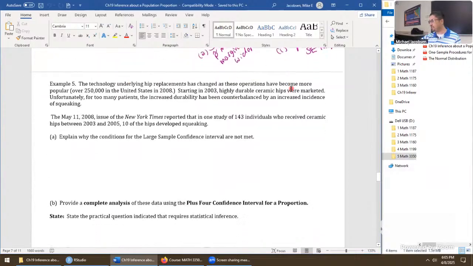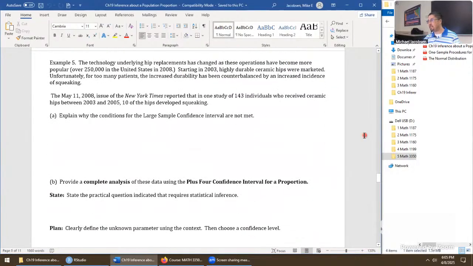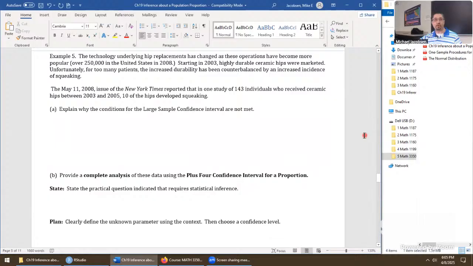Okay, let's jump in. So here's our next problem. Example 5 is about a total hip replacement kind of a situation, which is really devastating, hard to recover from. It starts off by saying the technology underlying hip replacements has changed and operations have become more popular.